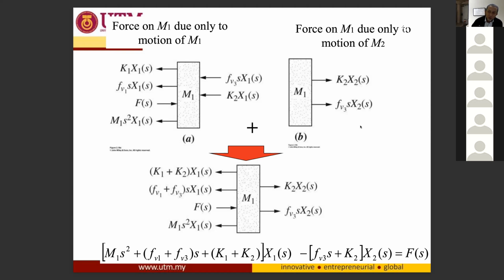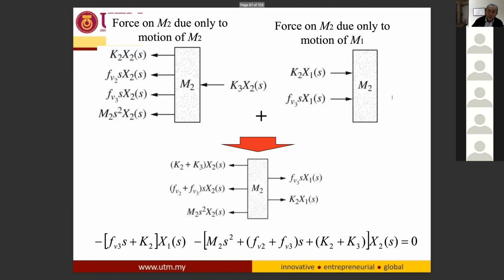If you don't assume, it is very difficult to create the force equation from the free body diagram. That's why you must draw the free body diagram as shown here: M1 due to the motion of M1, M1 due to the motion of M2, M2 due to the motion of M2, and M2 due to the motion of M1.